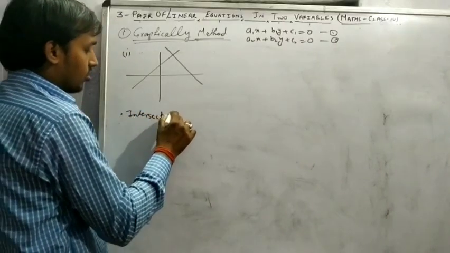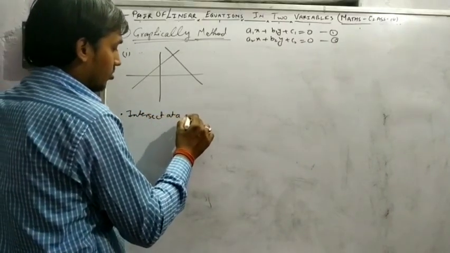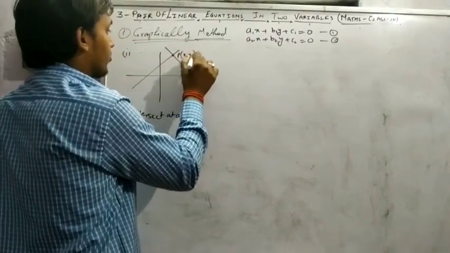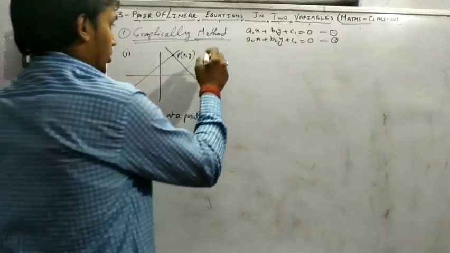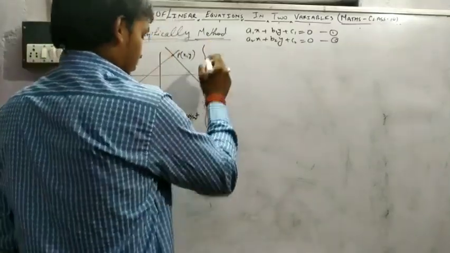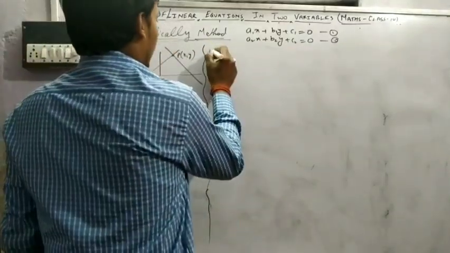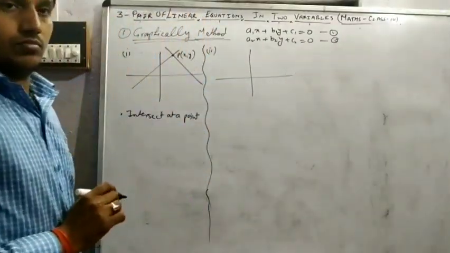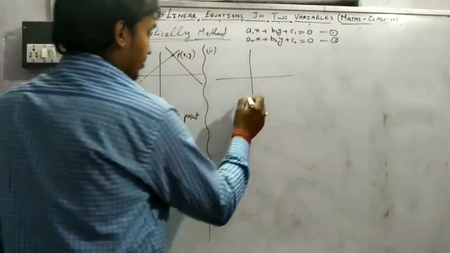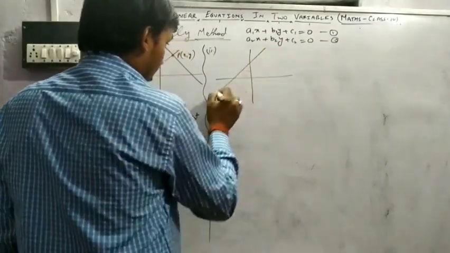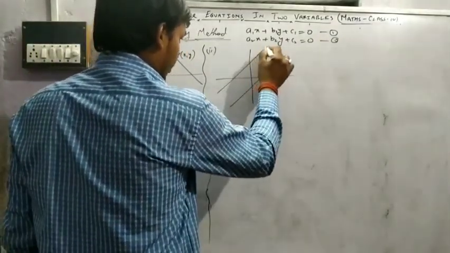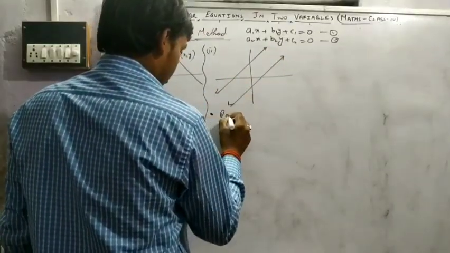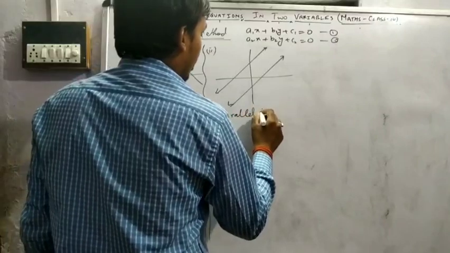Second, suppose you draw the graph and they never intersect at a point, they are parallel to each other.